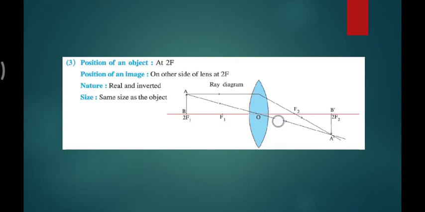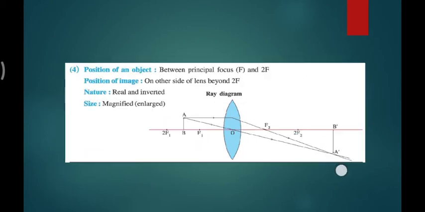You can see that the image is exactly at 2f on the other side of the lens. You have to write real, because actual rays are meeting on this side. It is inverted also, upside down, and same size. You can see the image formed is exactly the same size.